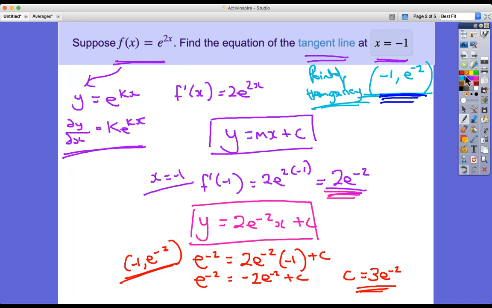So my final answer, I've got everything together now. So I can say y equals 2e to the -2 x plus 3e to the -2. That's nice. Sorry about the equal sign there.